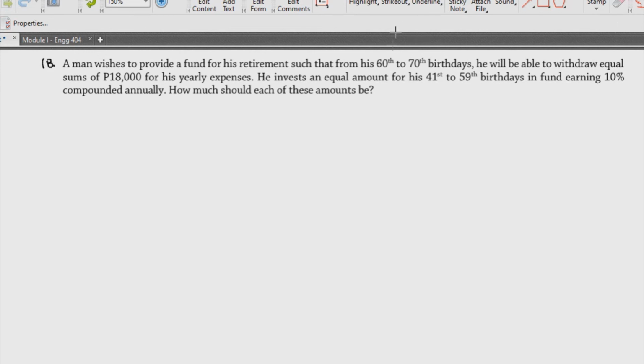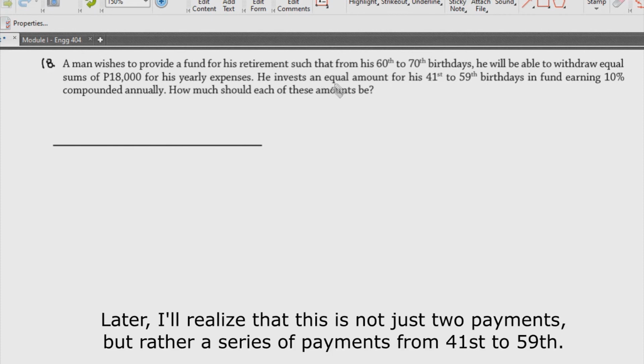Ang concern natin is to do this cash flow, no? Remember, dito sa problem na to, it states na nagkaroon lang siya ng dalawang payments, no? Equal payments for his 41st to 59th birthday. So, the best method here na we can do is to represent yung ating mga birthday as our time interval. Kasi that's the best option kasi dito kasi meron tayong 41st, 59.